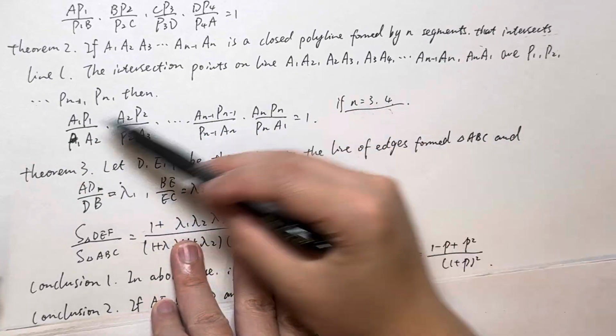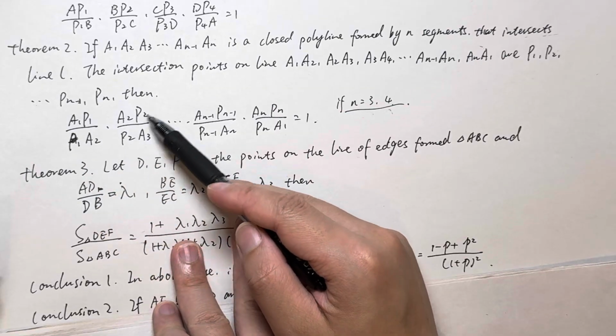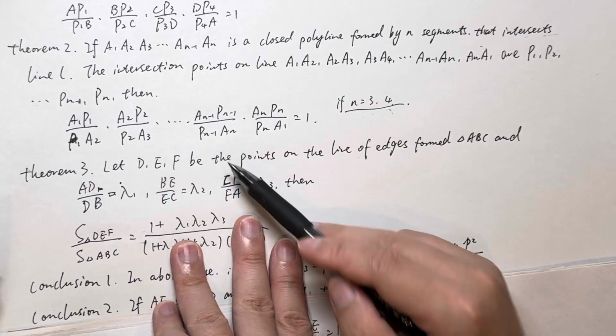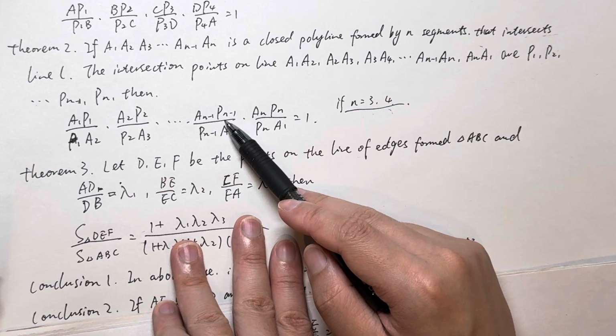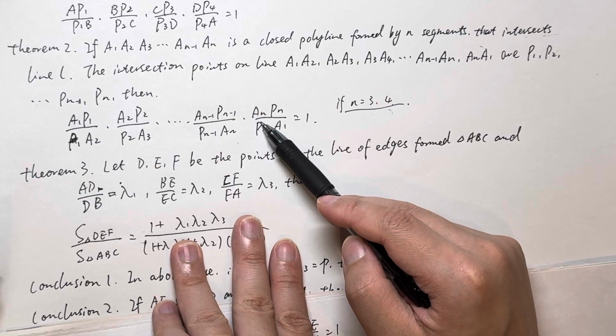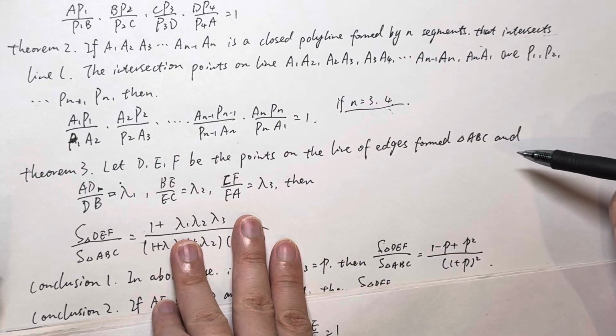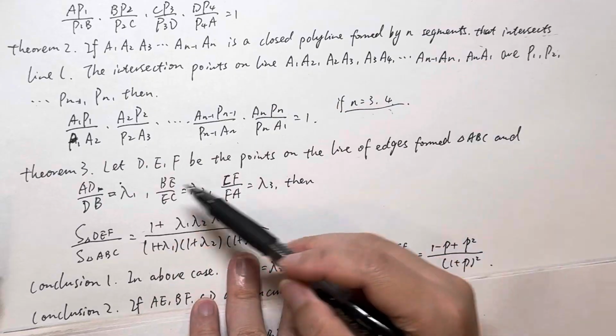Then we have this one, A1P1 to P1A2 times A2P2 to P2A3, all the way to An-1Pn-1 to Pn-1An times AnPn to PnA1 equals 1, right? So we want to prove this one.